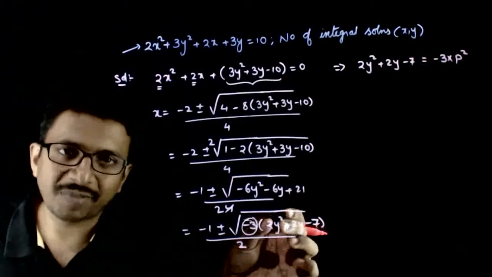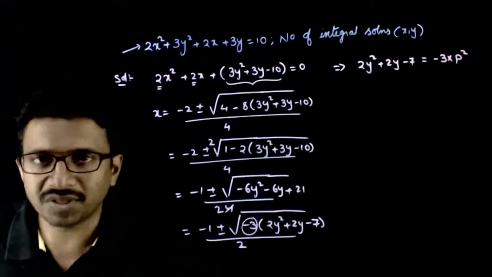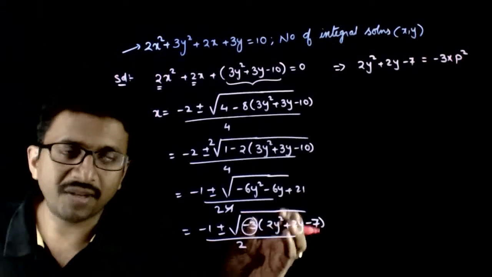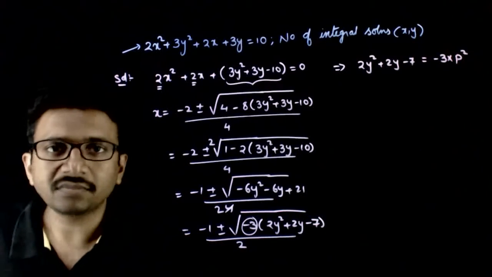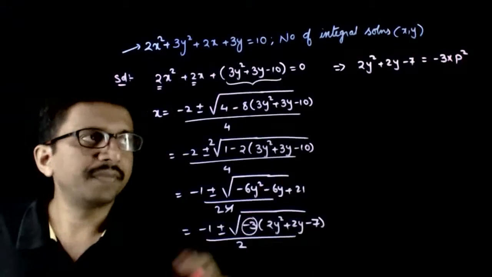You should get an extra −3 such that the 3 can come outside, and apart from that you can have a perfect square extra.